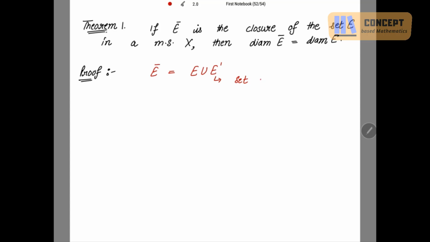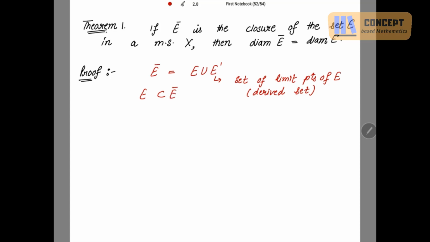Derived set means the set of limit points of E. So E bar is equal to the union of E and E dash, right? Obviously, E is a subset of E bar.